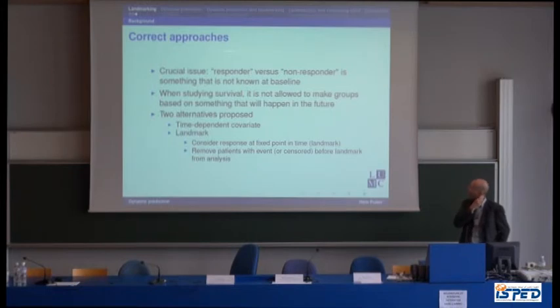The other, and that's where this paper was a landmark paper in that sense, is the landmark method, which uses a slightly different approach. You separate the past and the future. It goes wrong because the future of the response is entangled with the future of the event, and if you disentangle those, the problem is solved. You take a landmark time point, some point after the beginning, maybe 6 months, and define your groups based on everything that has happened in the first 6 months.